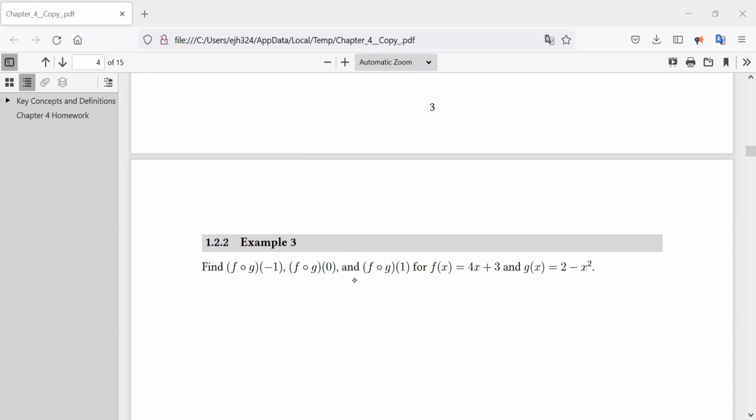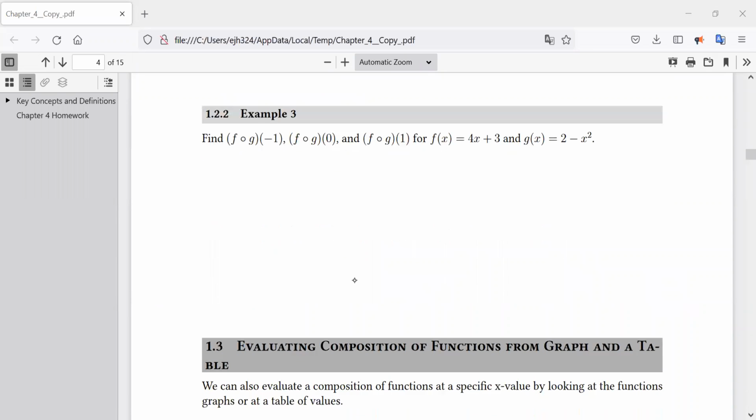So to give a quick example of that, if we do f of g of negative 1, first off, let's find out what f of g of x is. So let's do f of g of x.